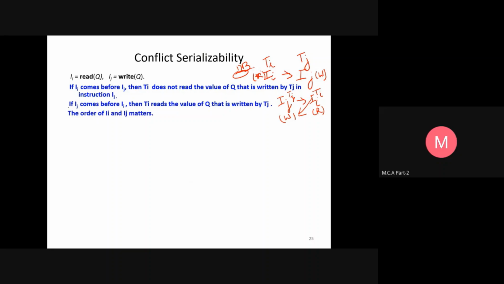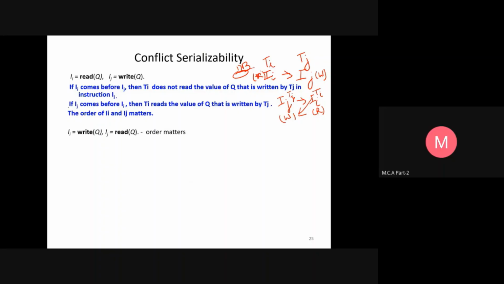In this case, the order of Ii and Ij matters because they're reading different values if they come at a different time. So the ordering matters. That's what this statement is telling us. When the conflicts come in, this is what is going to happen.